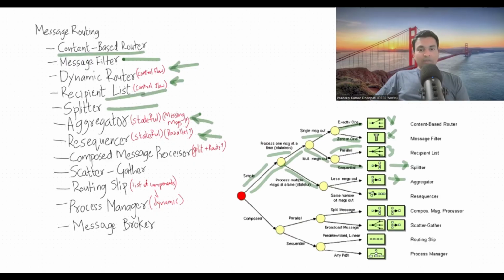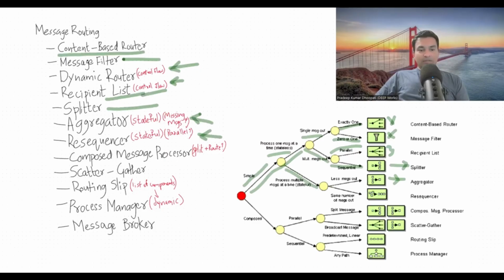So this will make all the orders run out of sequence. And if there is a requirement in your business that you have to send the orders in sequence to the downstream consumers, then you might be looking at a messaging pattern called resequencer.